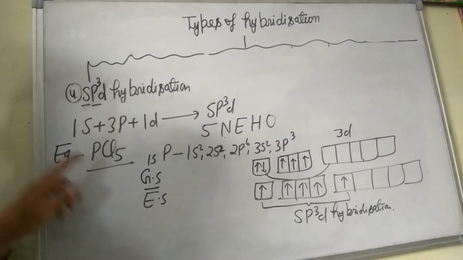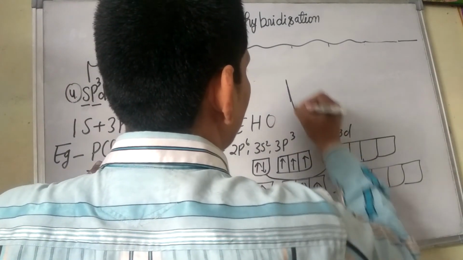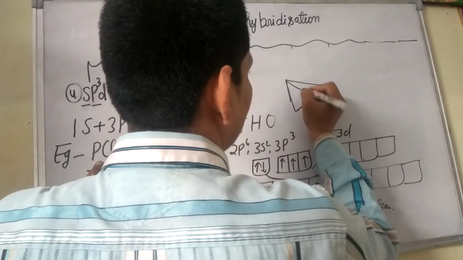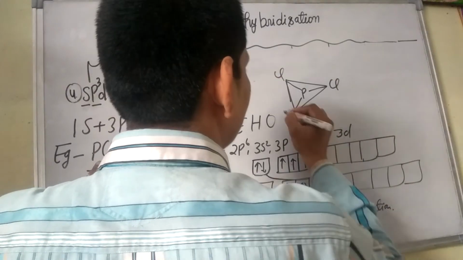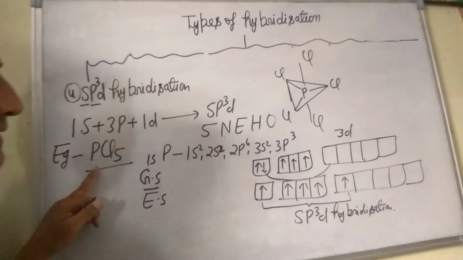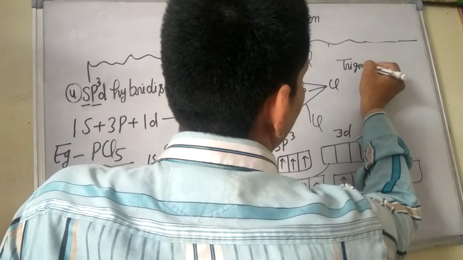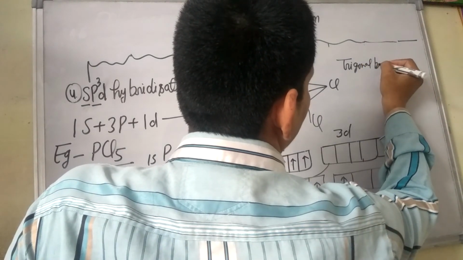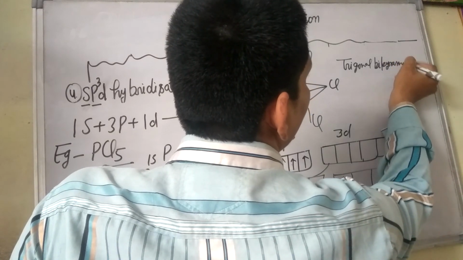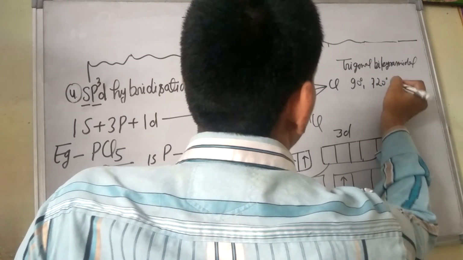Now I am telling you the structure of PCl5. 1 phosphorus, 1 Cl, 2 Cl, 3 Cl, 4 Cl, 5 Cl. This is the structure, trigonal bipyramidal. After this, bond angles are 90 degree and 120 degree.